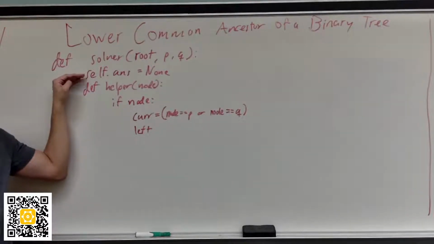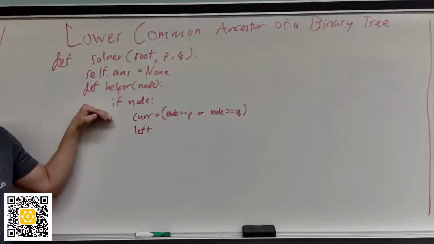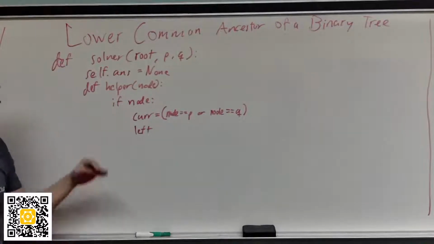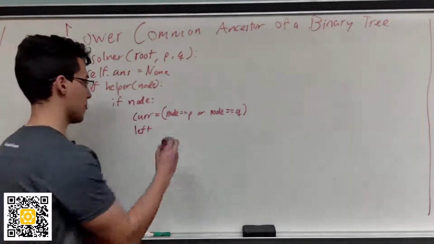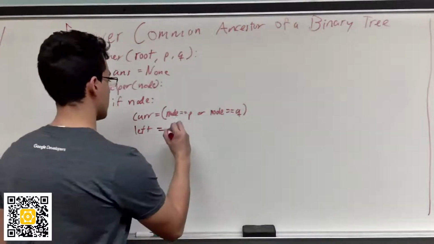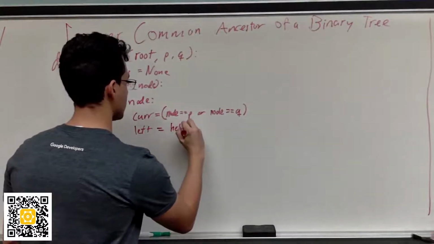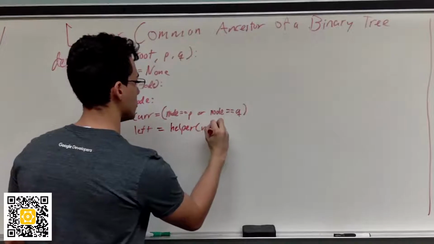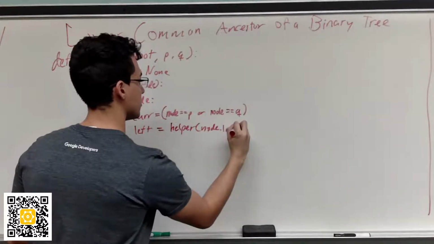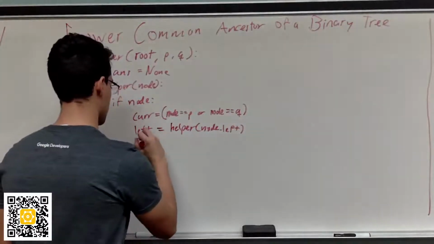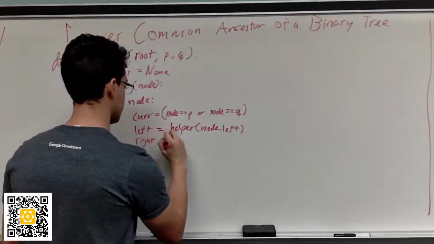It's not gonna be in the scope of one helper call, it's gonna be in the scope of the solver, which holds the helper. So we get the left result by recursively calling helper on node.left. And the same thing goes for right.